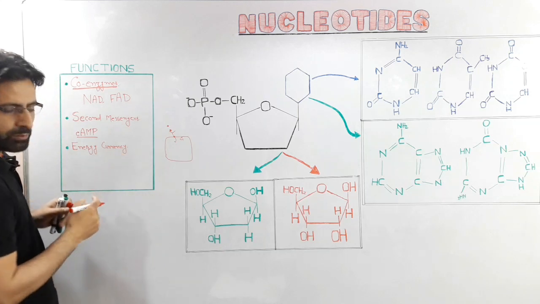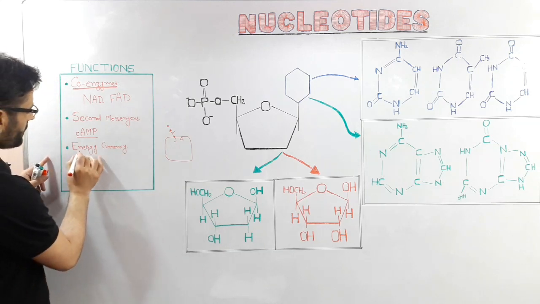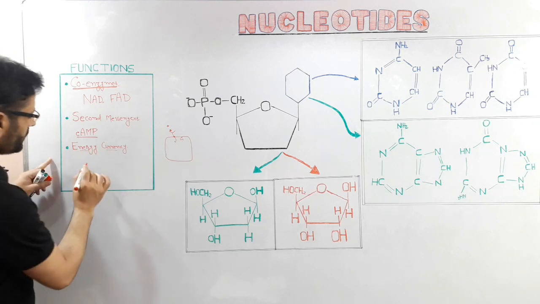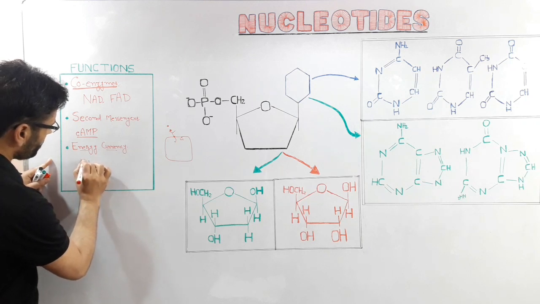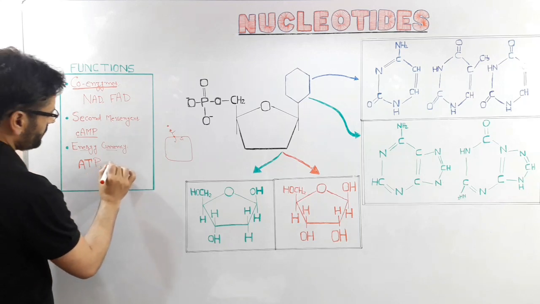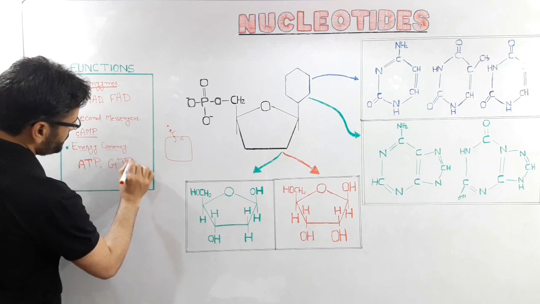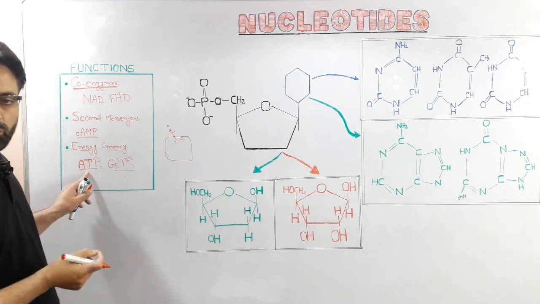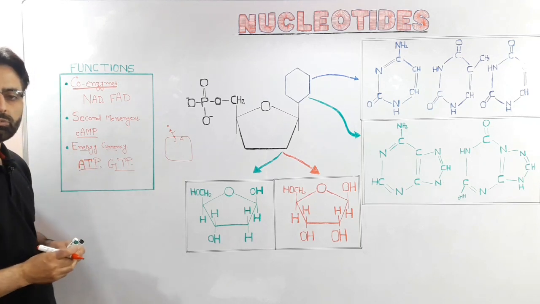In cellular metabolism, all energy transactions occur through these nucleotide molecules, and the most common energy transaction molecules are ATP molecules, and less commonly used is another nucleotide molecule called GTP. So these two molecules, and most commonly ATP, act as the main energy currency in cellular metabolism.